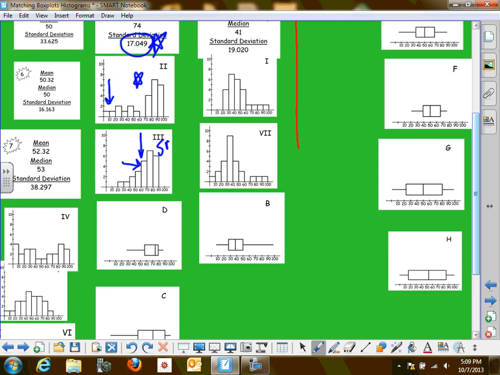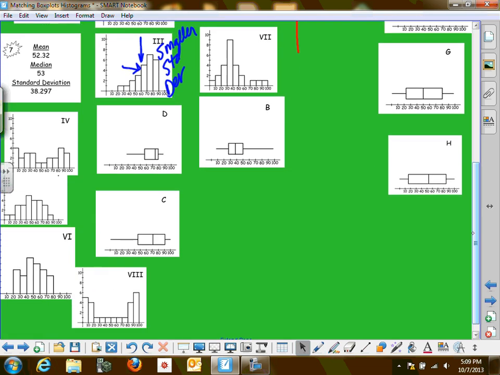So I would say this one is going to have the smaller standard deviation. So I'm going to pair that one with the data with the smaller standard deviation. Likewise, you can see even the ranges here as compared to this and such. So then you're going to be using those numerical clues to do that.